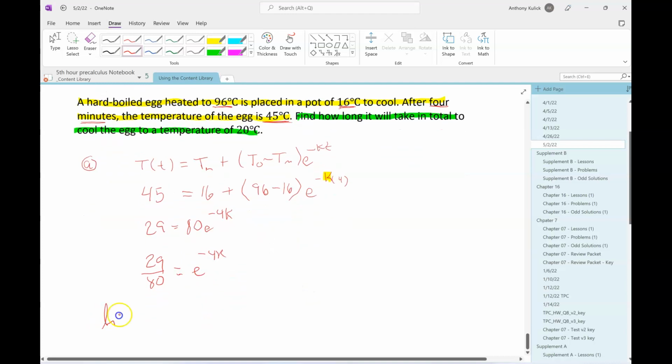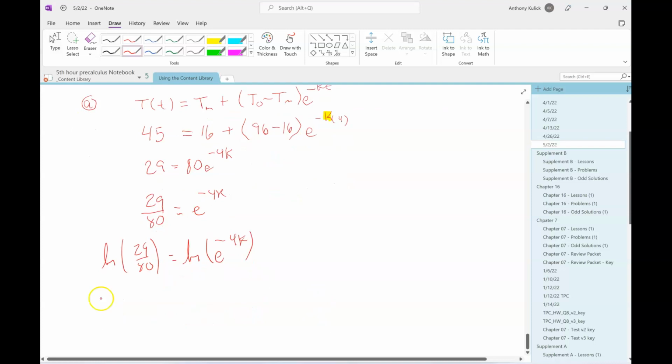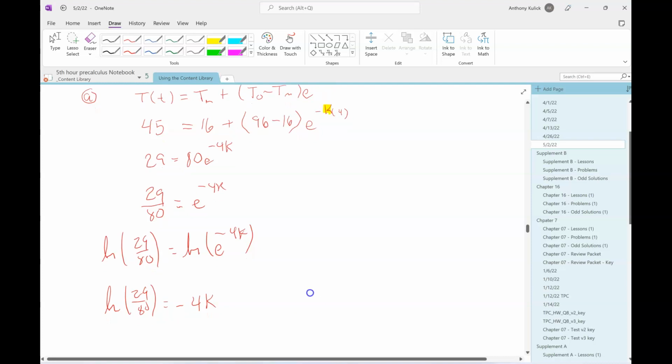Then, as Landon suggested, we can bust out that natural log to get rid of the exponent base e. And the last step would be divide by -4.